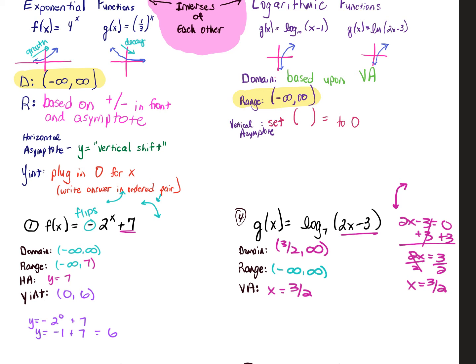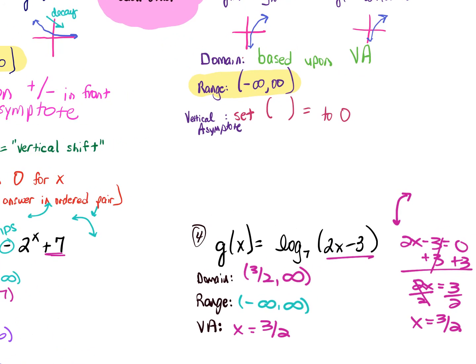Let me do this in a different color so that way you can see the difference between it. Okay, so if it was, let's say, f of x is equal to log 7 of negative 2x minus 3, you got to think of this as if it was the opposite of 2x plus 3.